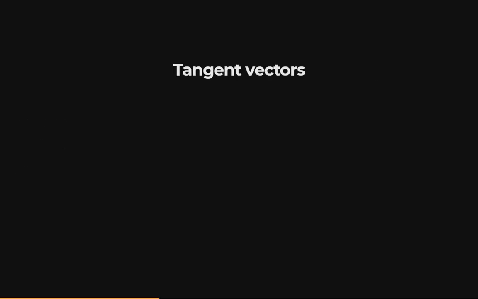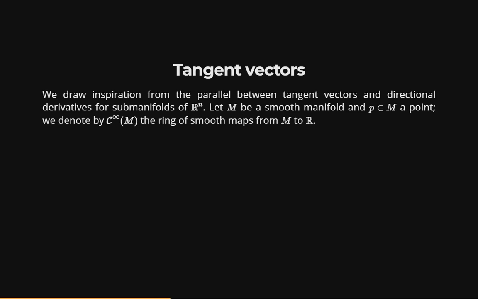Now, tangent vectors. This is the other not so easy part. We need to say what a tangent vector is. Tangent vectors on a manifold are a way to differentiate functions along a direction on the manifold.